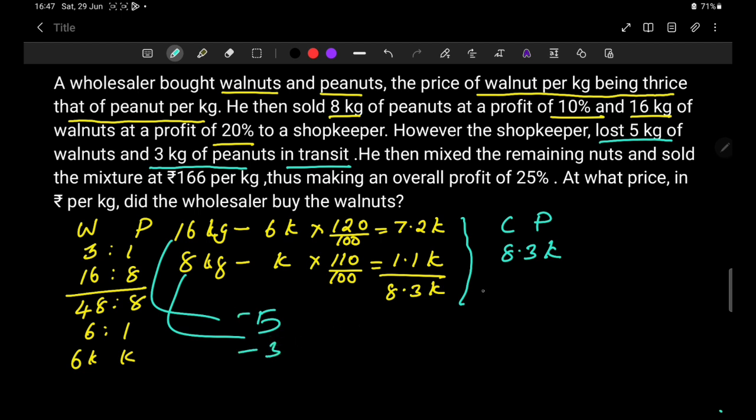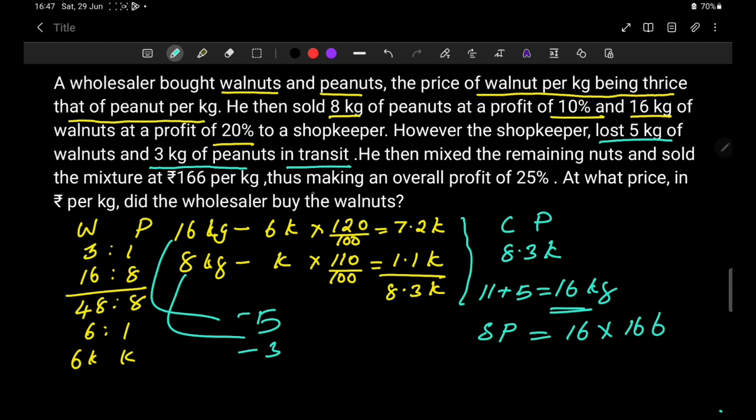So his total quantity now is 11 plus 5, 16 kilogram. He sold these 16 kilogram items at 166 per kg. Therefore, total selling price of the shopkeeper is 16 into 166.